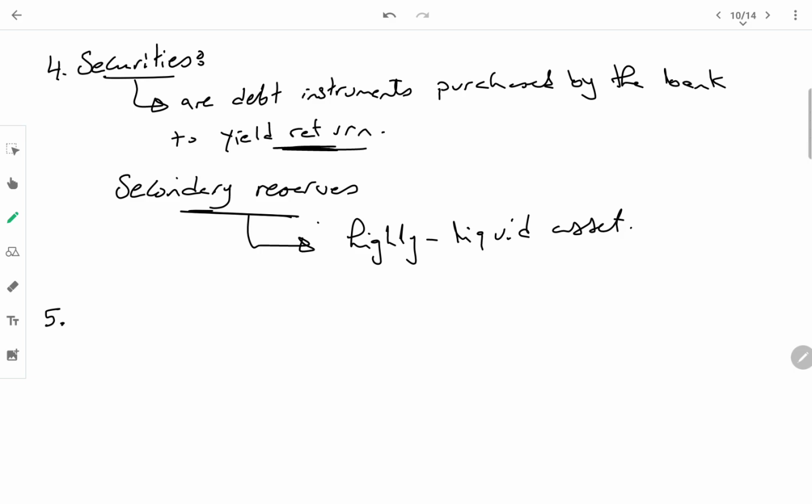Finally, item number 5 on the asset side is fixed assets. They are real estate, furniture, computers, ATMs, and so on.